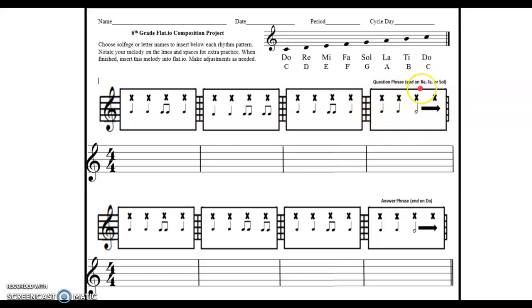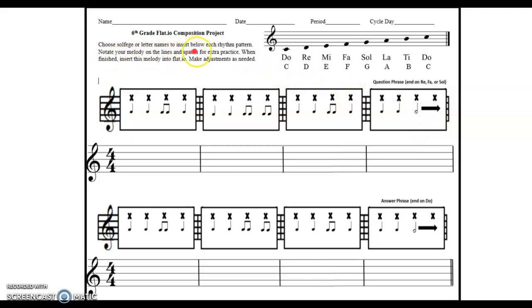A question phrase ends on re, fa, or sol. The second line, the last box, is the answer phrase. The answer phrase ends on do. So your last pitch should be a do. On the first line, your last pitch should be a re, fa, or sol. That is the first thing you need to do.